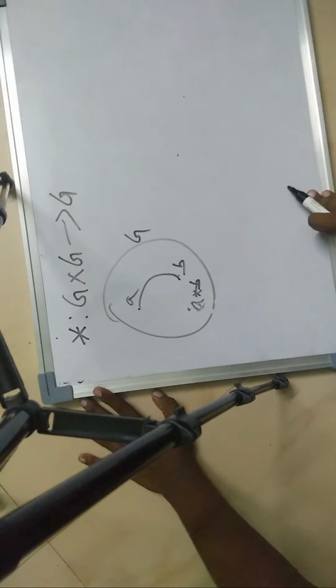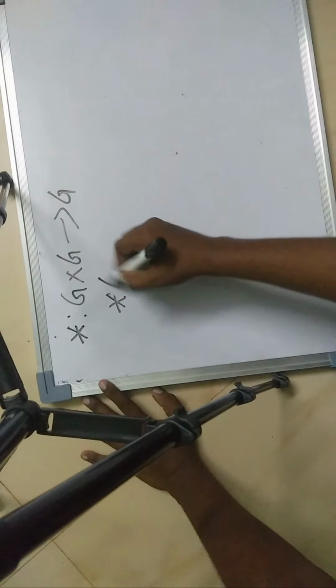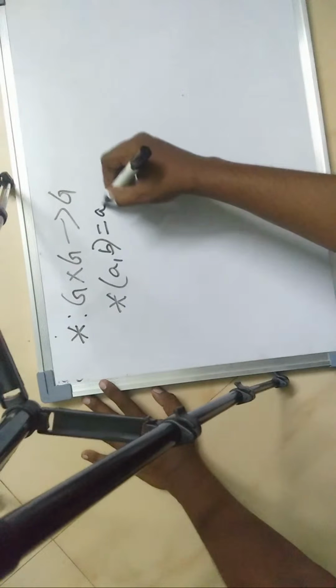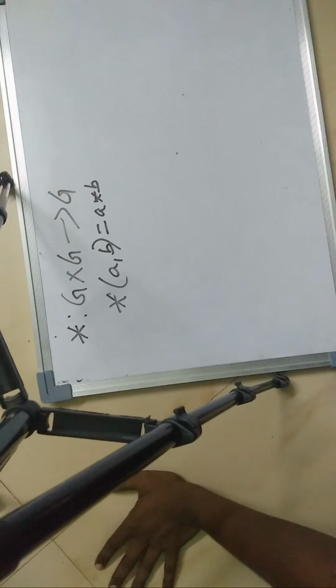And we define this function from G cross G to G. Now we define it in such a way that star of A comma B is nothing but A star B. So for example, now, so I think it is visible to everyone.